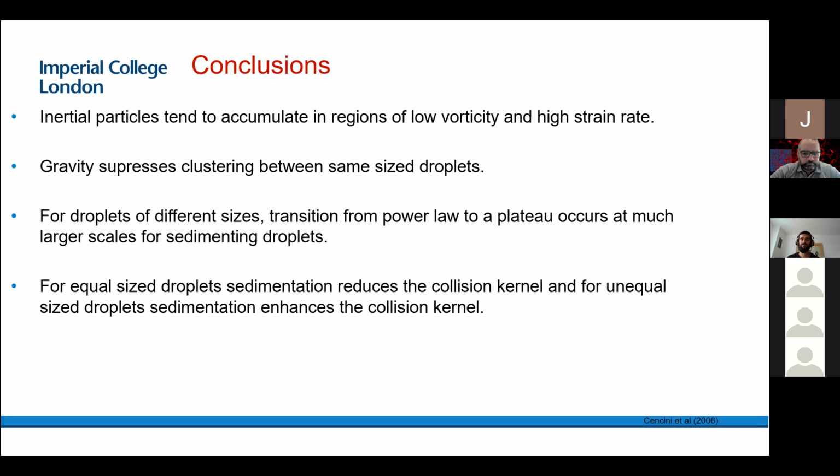At the same time, for droplets of different sizes, the scale at which the RDFs transition from a power law to a plateau is much larger for sedimenting droplets. In terms of the collision kernel, for equal-sized droplets, sedimentation reduces the chances of collision, and for unequal-sized droplets, sedimentation enhances the collision kernel.